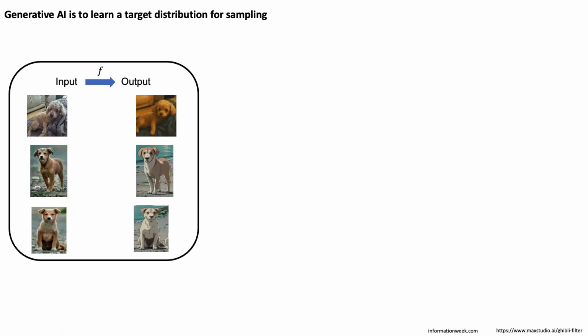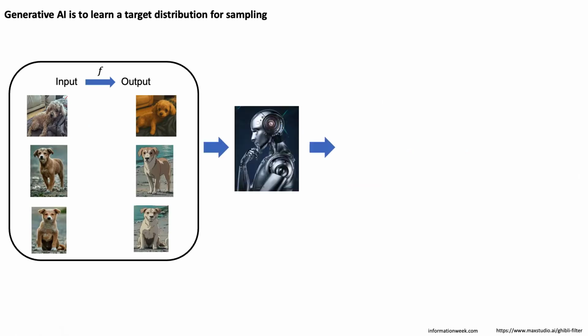So now what is generative AI? Generative AI is to find the distribution. It is again a kind of AI. Now you have an input and an output like pictures. The input pictures are real photos and the output pictures are animated photos. Then again, if you train the AI, in the end you obtain the map from one distribution to the other.